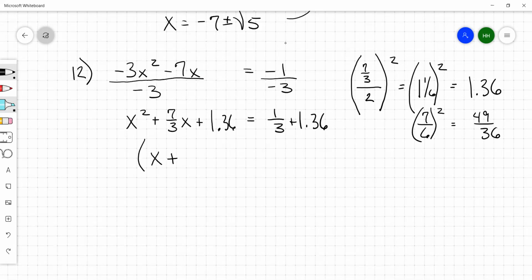So let's do this right now. Let's get rid of this 1.36. All right. Our half of b squared is 49/36. So this is 49/36. And on the right-hand side, we got 49/36.